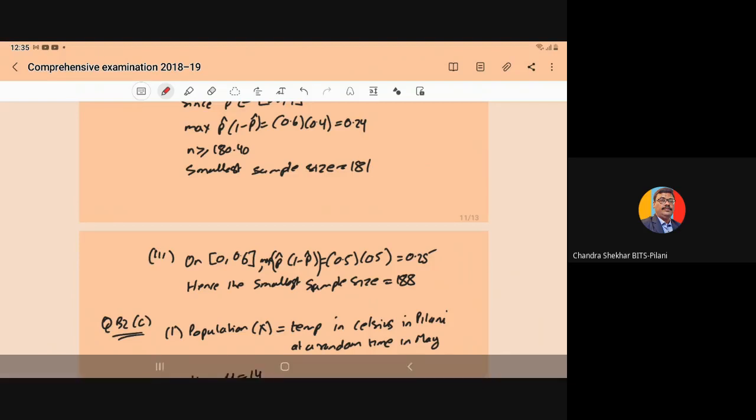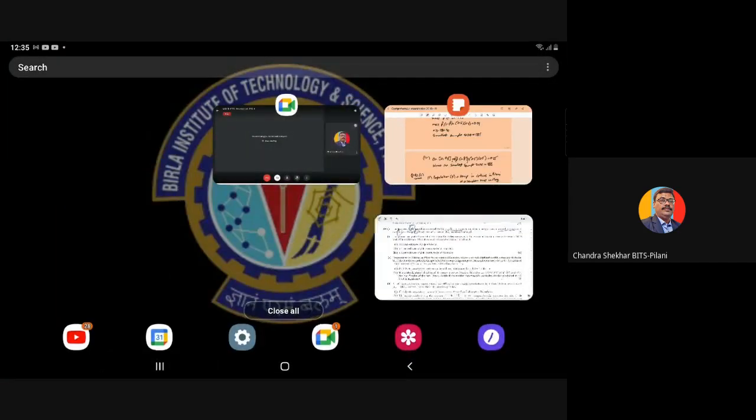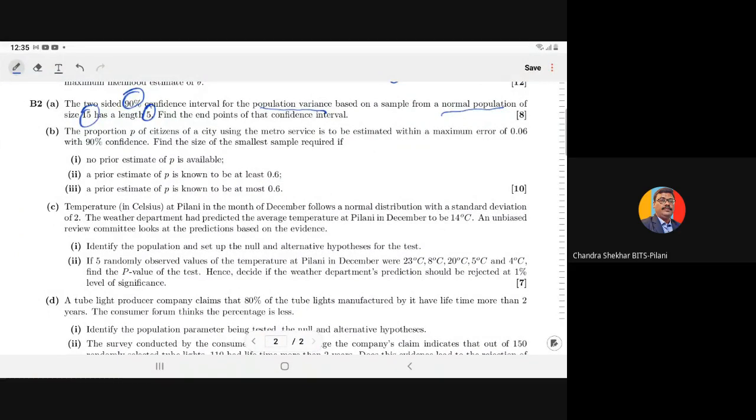Then after, in question B2 part C, this is a question of hypothesis testing. The temperature in Celsius at Pilani in the month of December follows a normal distribution with a standard deviation of 2. This means the standard deviation is known to you.